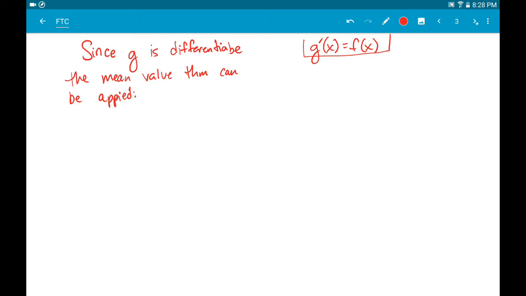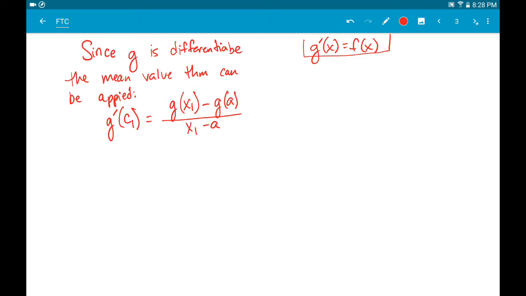And here we go. I can say that g prime of c1 is equal to g of x1 minus g of a over x1 minus a.